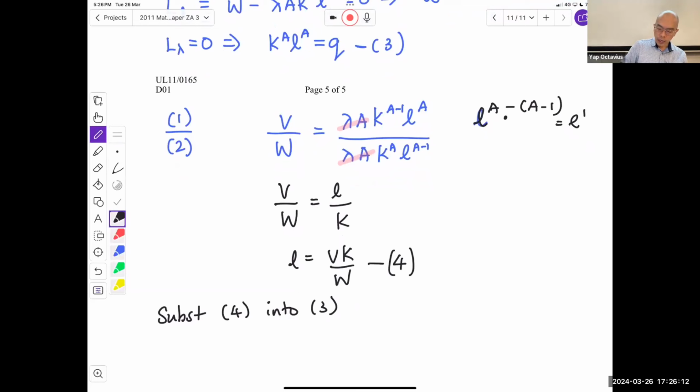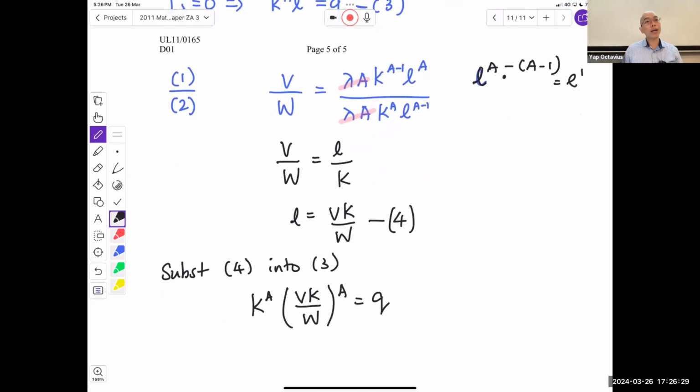We're going to get K to the power A, then this whole thing to the power A also, equals Q. We need to find what K is, so your end result is K equals something. I'll struggle with this for a while.